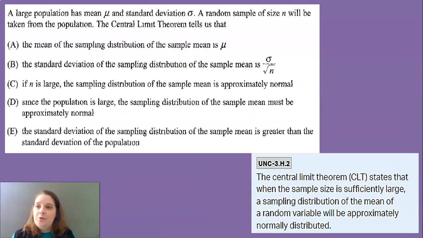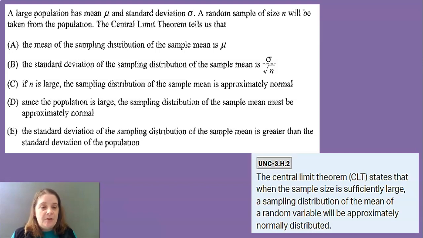Okay, so I have this multiple choice question here. It says, a large population has a mean mu and a standard deviation sigma. A random sample of size n will be taken from the population. The central limit theorem tells us that, okay, now I went ahead and put the central limit theorem up real quick. Let's reread that.